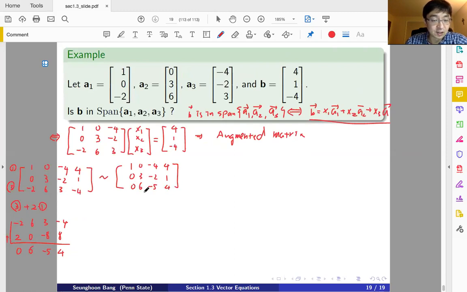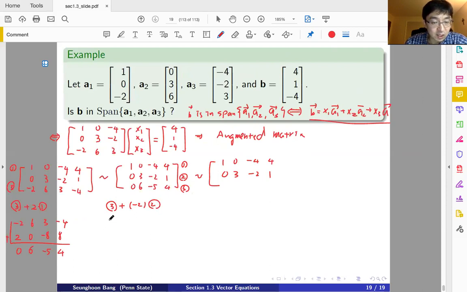Next, eliminate this one. You have to keep the first and the second row. You keep 1, 0, negative 4, 4, and 0, 3, negative 2, 1. How can you eliminate the 6 from the third row? The third row plus negative 2 times the second row.